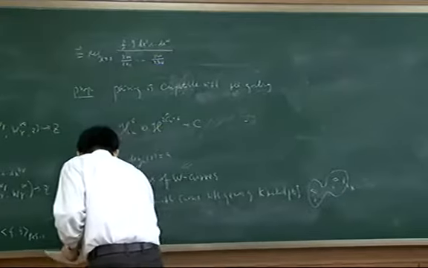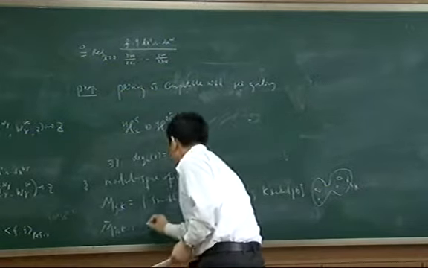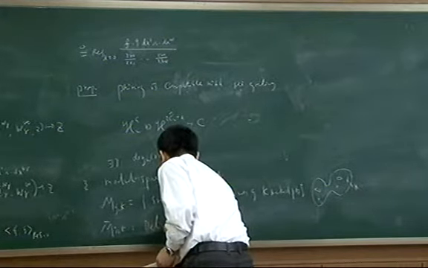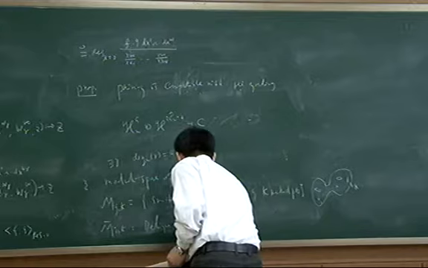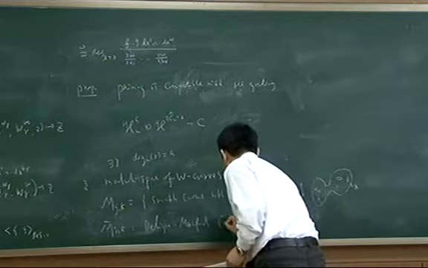And then we have the compactification. This is the Deligne-Mumford compactification.